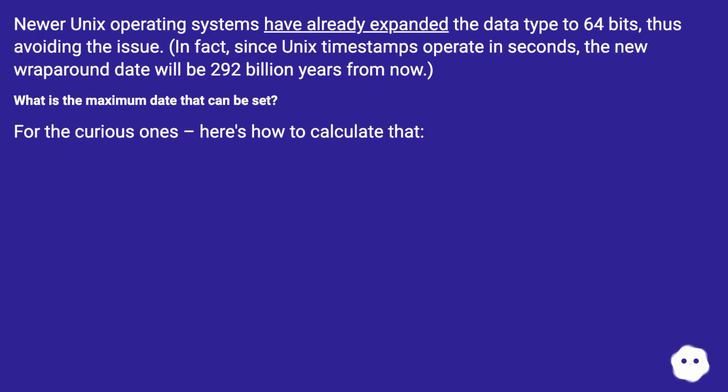Newer Unix operating systems have already expanded the data type to 64 bits, thus avoiding the issue. In fact, since Unix timestamps operate in seconds, the new wraparound date will be 292 billion years from now. What is the maximum date that can be set?